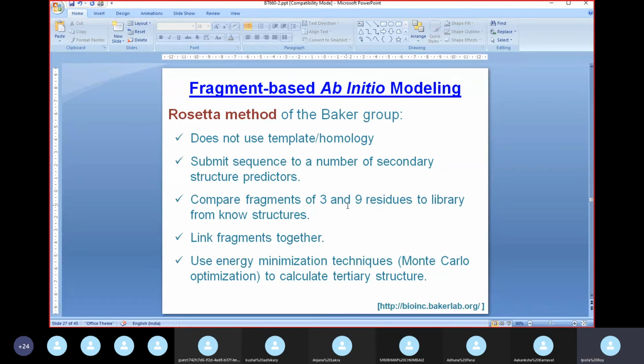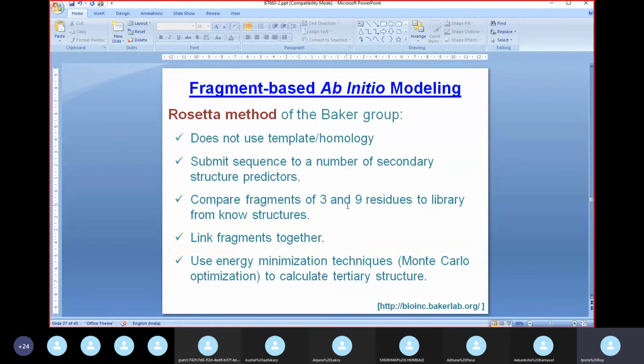So this is the Rosetta method. There are other ab initio modeling methods also, but Rosetta is the most commonly used method. It has been devised by David Baker's group. It's an ab initio modeling, which means that it starts from zero. They do not use any template, or they do not look for homology in a library or evolutionarily conserved proteins.